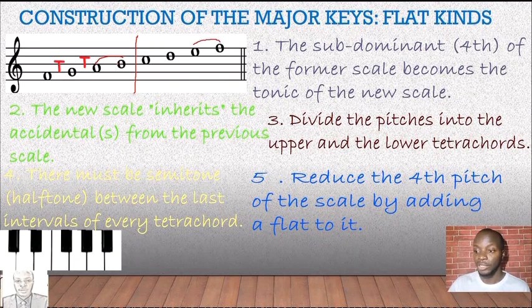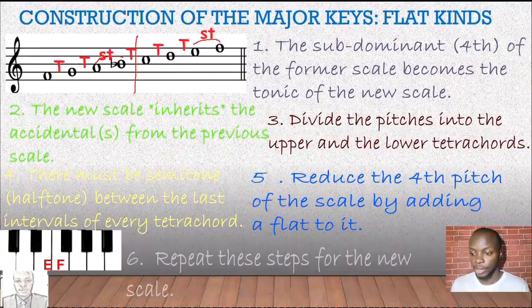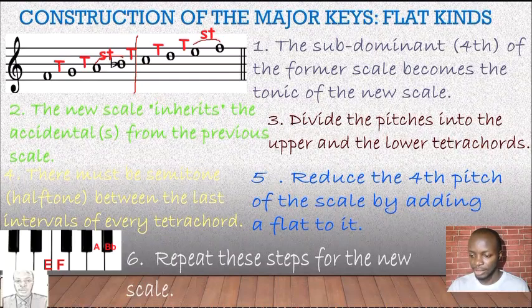So when you put the flat on the 4th note, we have B flat there. You see that it corrects the interval so that we have tone, tone, semitone, tone, tone, tone, and semitone. E, F, remember, between E and F is a semitone, right? And between A and B flat is another semitone. So that's correct.